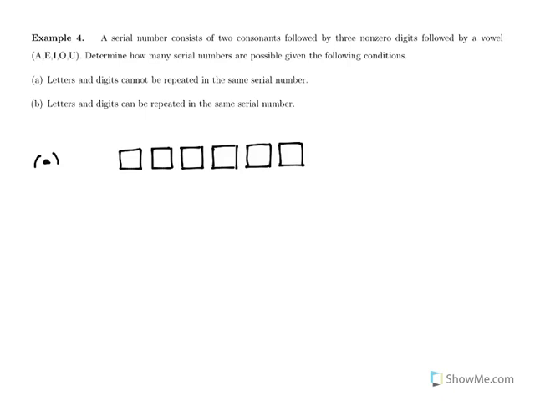And let's label each box so we know what we're doing. We start with 2 consonants, followed by 3 non-zero digits, and then finally, a vowel.